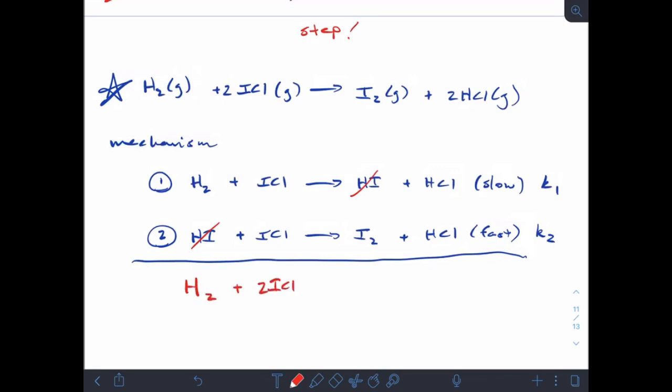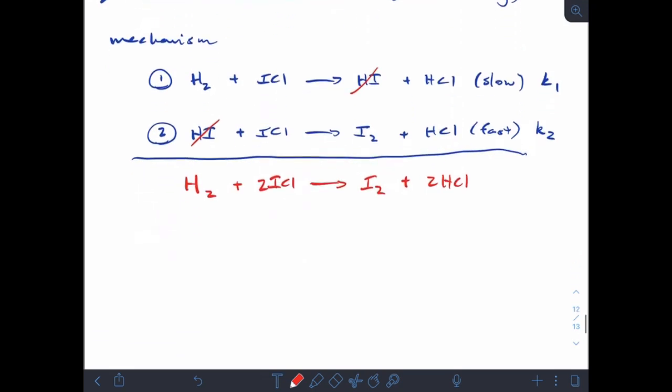I should end up with the same thing as my overall reaction, right? So K1, reaction 1, that rate constant is the rate determining step because it's the slow one.